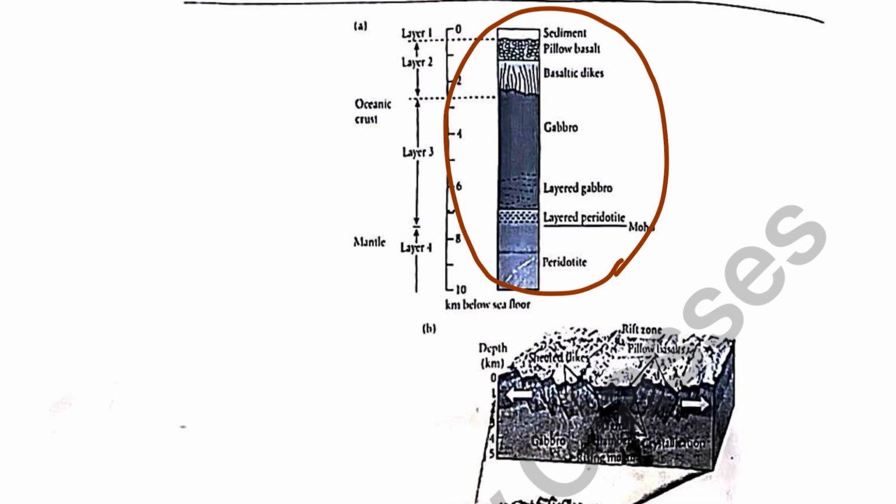At the base we have the peridotite, followed by layered peridotite, layered gabbro, and these parts are generally below the sea surface, and towards the top we find the basaltic dikes, pillow basalts and sediments which make the sea floor. So this is the general composition of the rock types which are being generated at the mid-oceanic ridges.